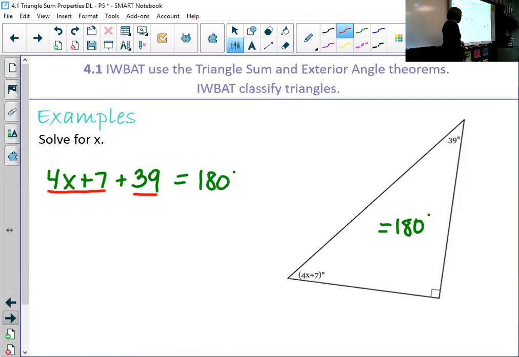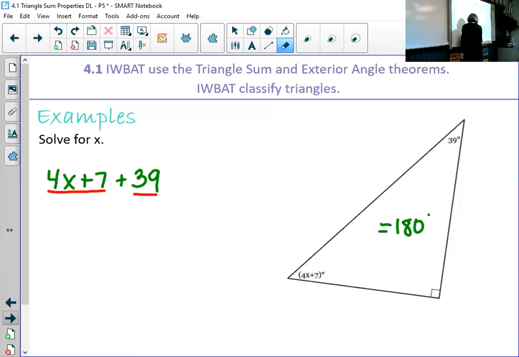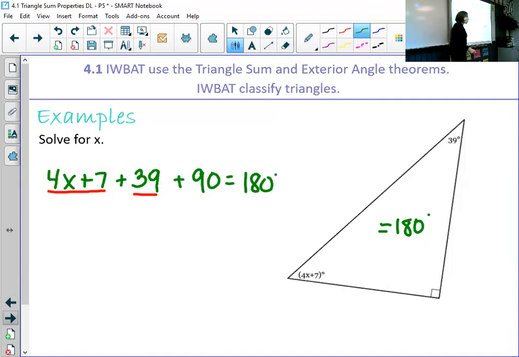I need all 3 of them. So this is the one thing that most people, if they have a 90 degrees down there as one of their angles, they forget to add the 90 degrees. So make sure when you are setting this up, you're making sure that you get all 3 angles added together.